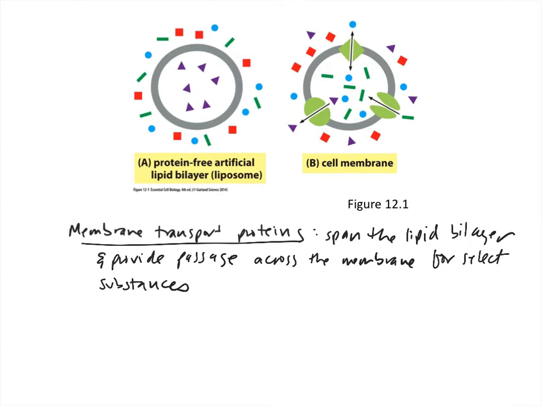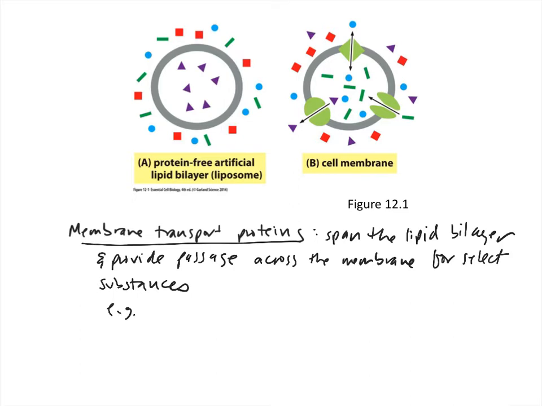Each type of membrane transport protein could allow a different substance across the membrane. Typically, these are pretty limited. A given membrane protein would allow, say, one type of molecule, an ion or a solute, to move across it, or they could be based on charge, so they may have some more flexibility. We'll give some more specific examples soon.